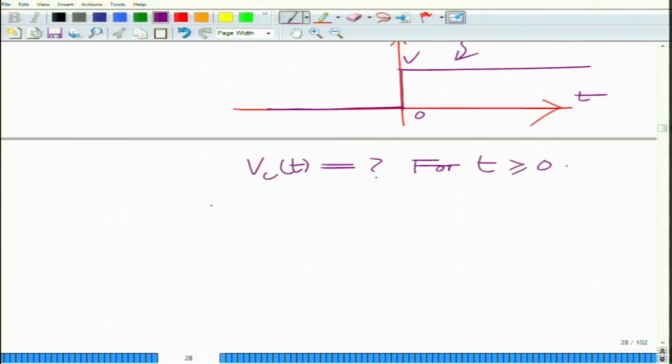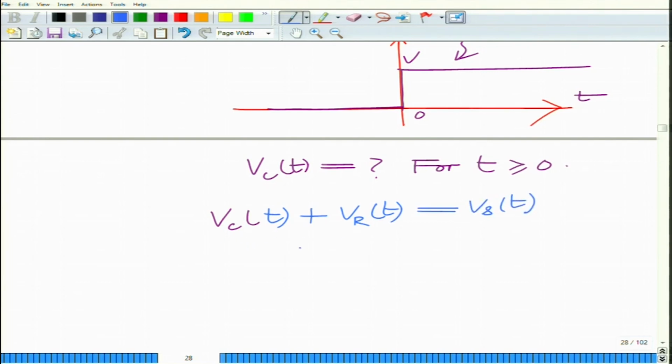Now, from the system, you can clearly see the voltage across the capacitor plus the voltage across the resistance is equal to the source voltage.